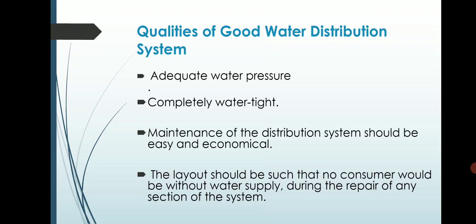Then the maintenance of the distribution system should be easy and very economical, because if it is difficult, it will not be handy for people, and if it is not economical, then the majority of the people will not be able to get the benefit of the distribution system. Then the layout should be such that no consumer would be without water supply during the repair of any section of the system. That means if any section of the system goes out of function, then in that particular area the consumer should not be deprived of water. The design should be like that.